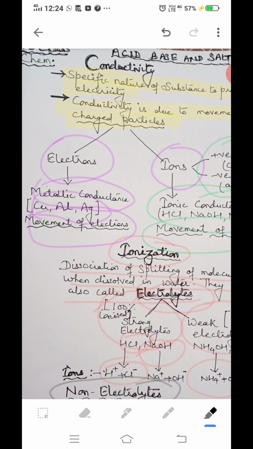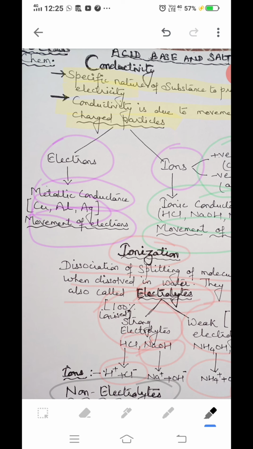But these molecules do not split into cations and anions. The whole molecule moves. So as they do not produce any ions, their aqueous solutions are non-conductors of electricity. It means that in place of HCl or NaOH, if you take the aqueous solution of glucose or starch, then you will not find the bulb glowing.